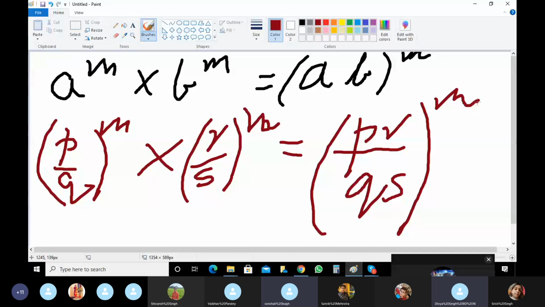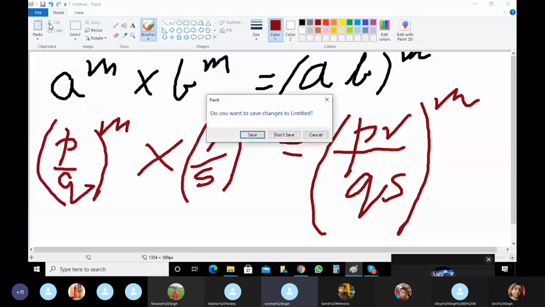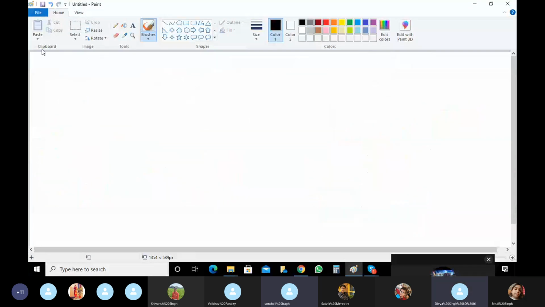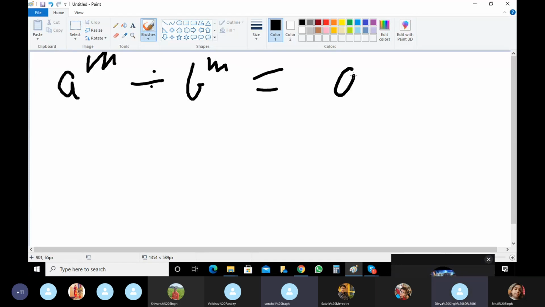Now the division one. Let's first write for normal division. a to the power m divided by b to the power m will give us (a by b) to the power m.